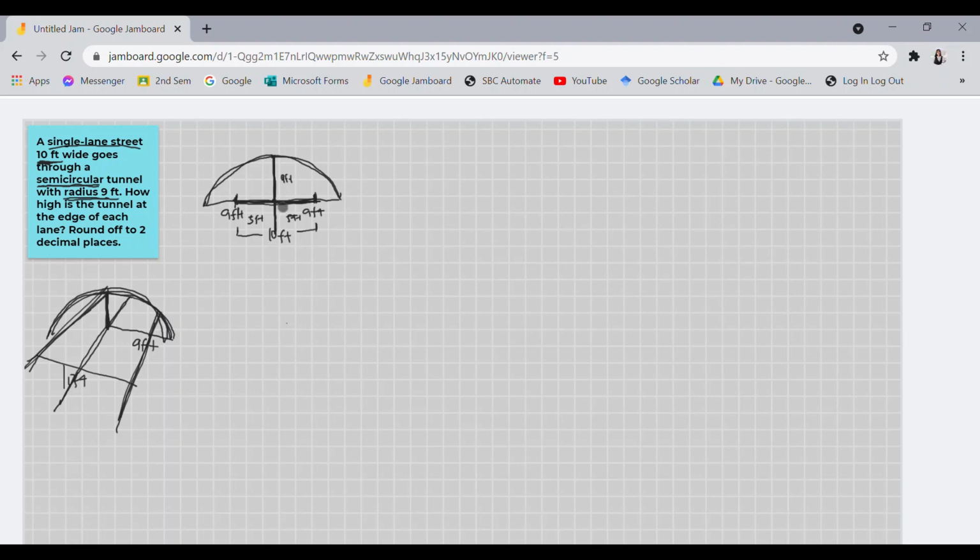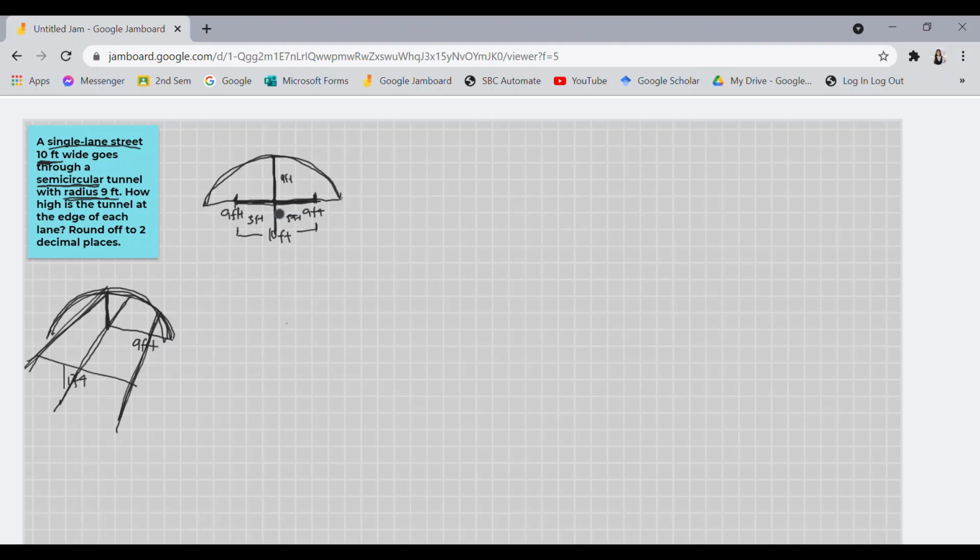This is 9 feet, 9 feet still going to the right, 9 feet still going to the left. If the single lane passes through it, it will pass in the middle, so there will be 5 feet on the right side and 5 feet on the left side. Not 10 feet each, but 5 feet each, because 10 feet is the total width of our single lane.